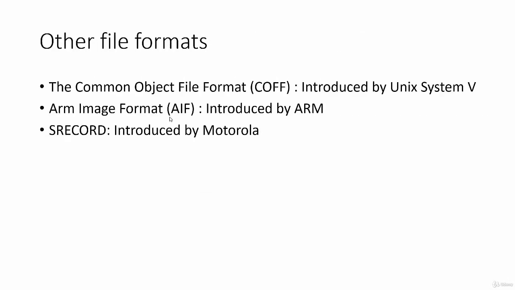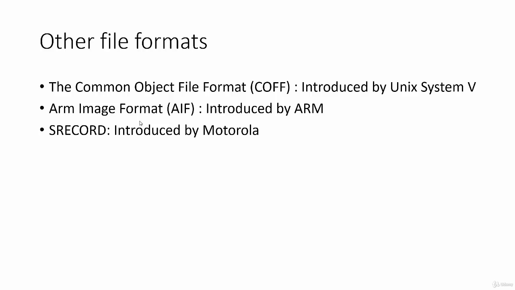There are many other file formats. For example, COFF, the Common Object File Format, introduced by Unix System V. If you are using the ARM-CC compiler, then the compiler uses a file format standard introduced by ARM, that is ARM Image Format, AIF.